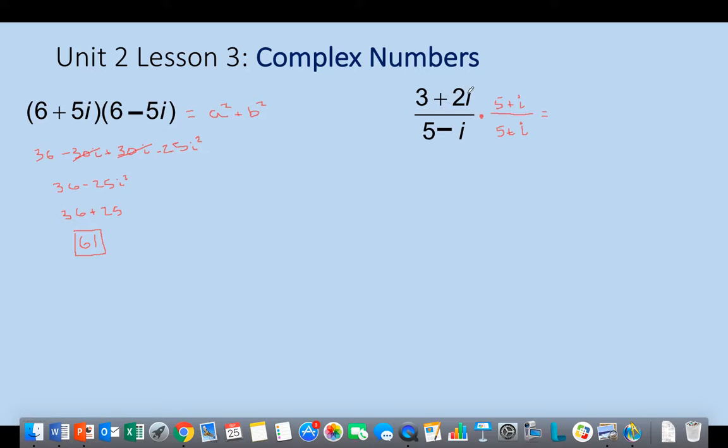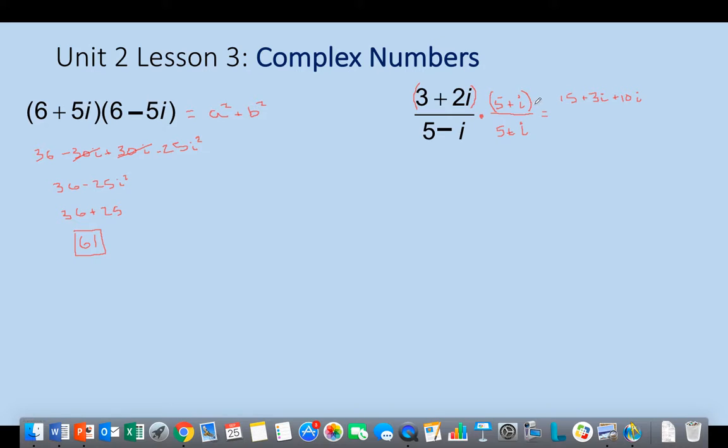In the numerator, I wind up with another example of the FOIL stuff with the i's. 3 times 5 is 15. 3 times i would be 3i, so plus 3i. And then here I've got 10i, so plus 10i.